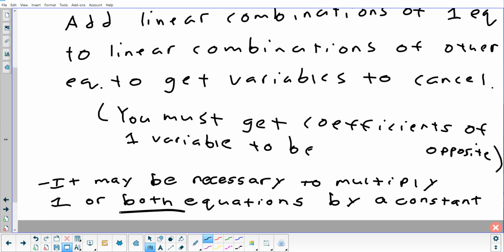What we don't really want to get into is multiplying an equation by a fraction. It's not that you can't do it, but then things start to get messy. So we're going to avoid multiplying through by a fraction. So what numbers could you use? Try to use numbers that are integers. No fractions, no decimals.